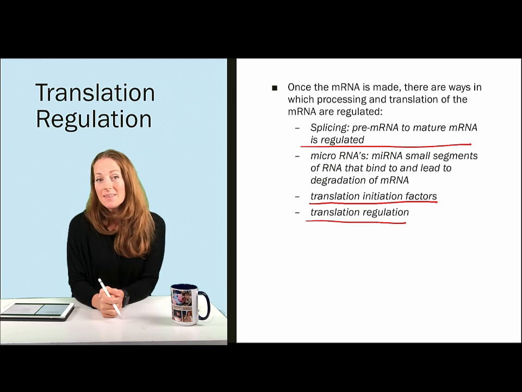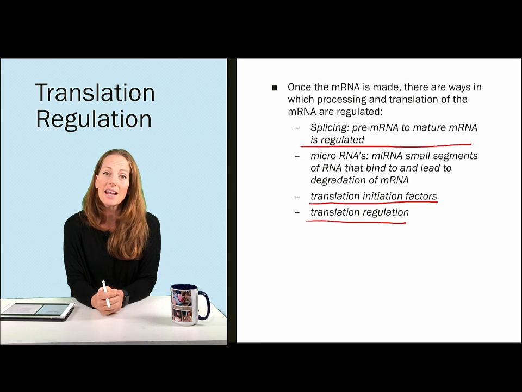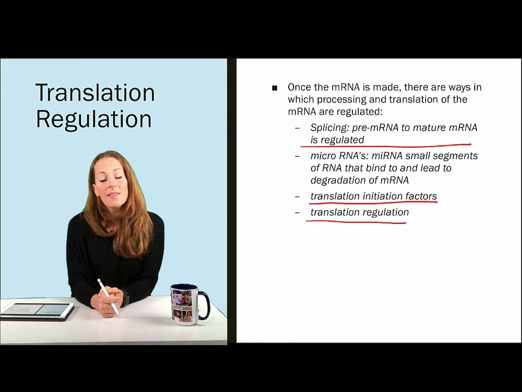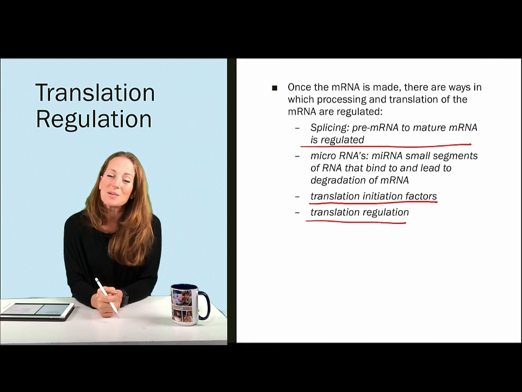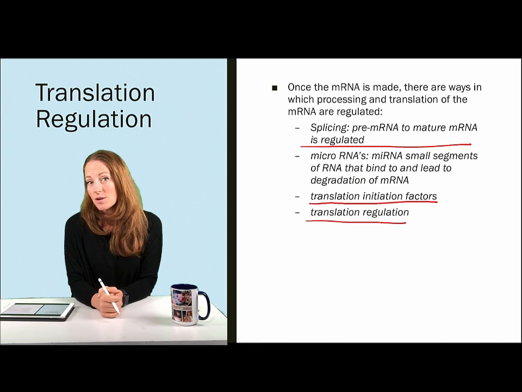In addition, in recent years, the research has shown the presence of microRNAs, tiny, small segments of RNA, about 20 base pairs, that are complementary to the mRNA within the cell. These microRNAs can do a lot. MicroRNAs can affect transcription and translation.